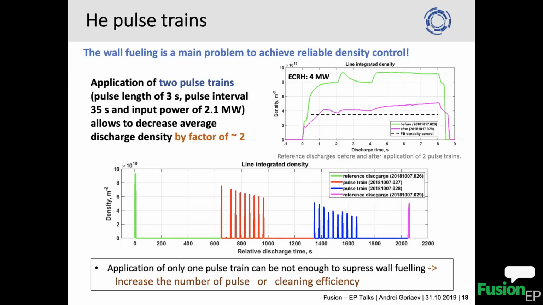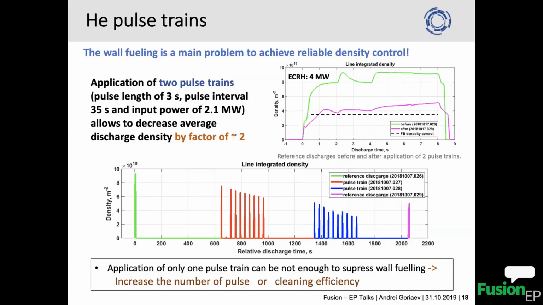So for instance, as shown in the picture, we have 2 reference discharges: before application of helium pulse trains and after application of helium pulse trains. And for both discharges, we had feedback density control. We aimed to have a density of 3.8 10^19.